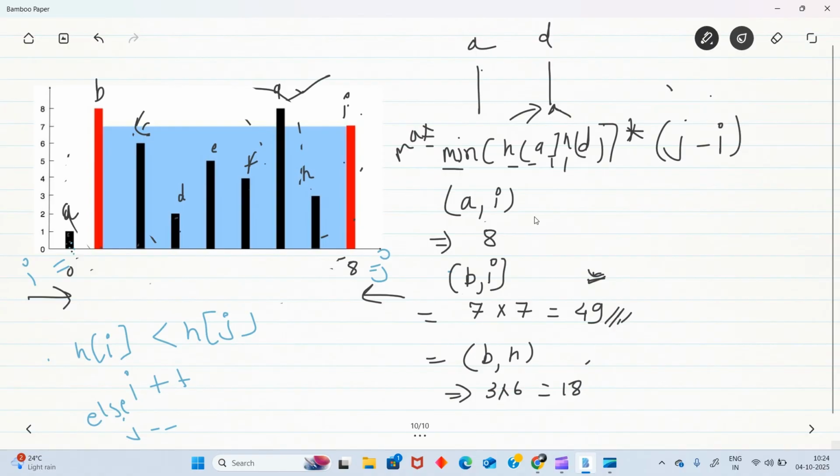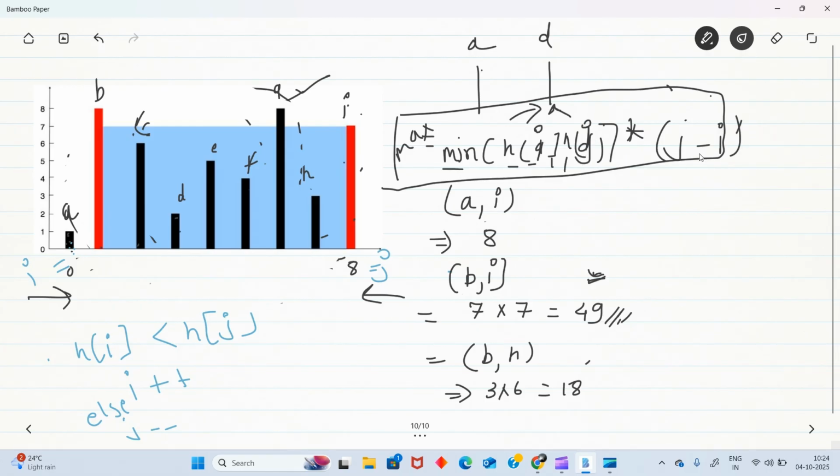We know this is our formula: minimum of height of i and height of j, into j minus i. Instead of a and g, I'll take i and j. I want to maximize this. So I am finding the minimum of these heights, which means I want this to be maximum so that I can get the multiplication as maximum. Even though j minus i is also a factor, still I will try to find the maximum of the height.